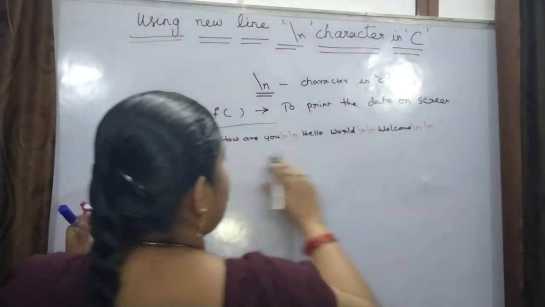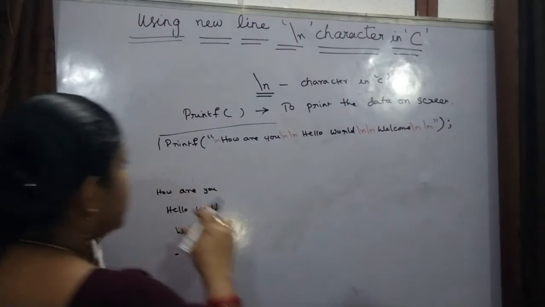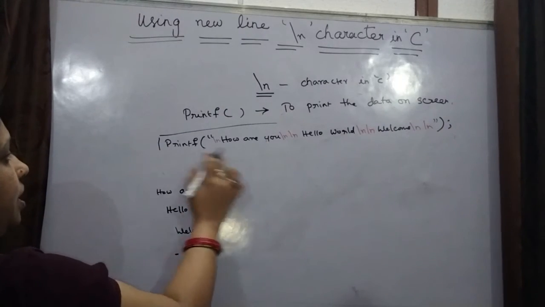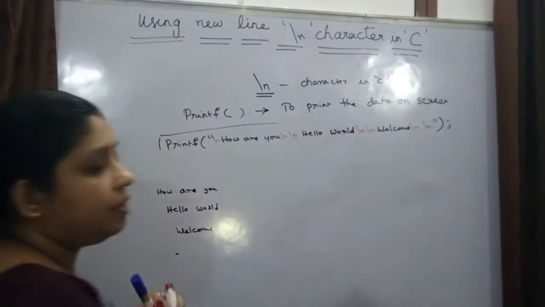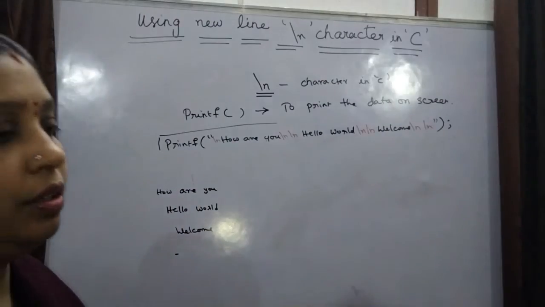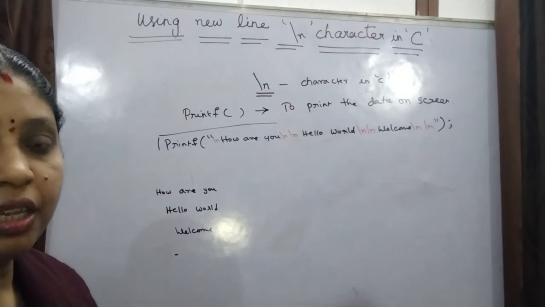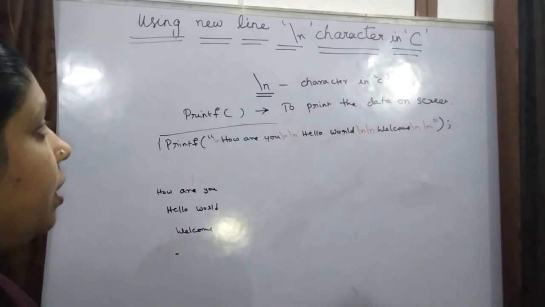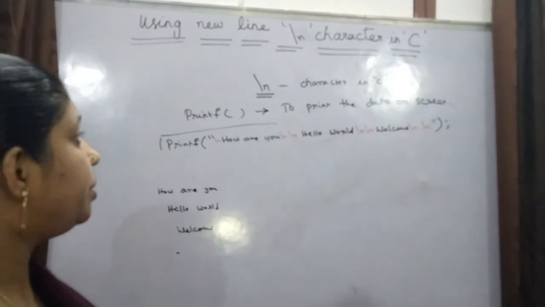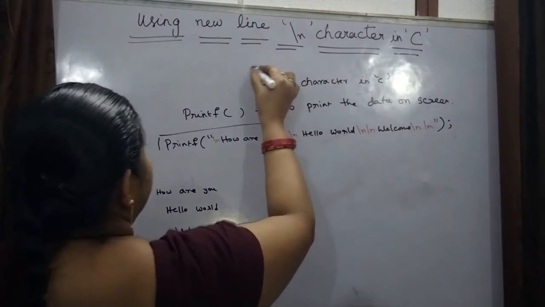Okay, like this also you can give and close it. So in one print statement only you can print the data in different lines by using the \n character. Okay, understood? This is how you will be using the \n.